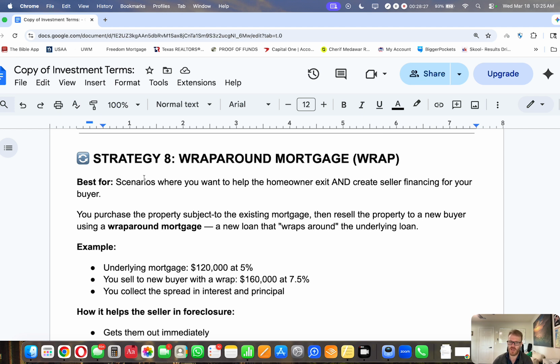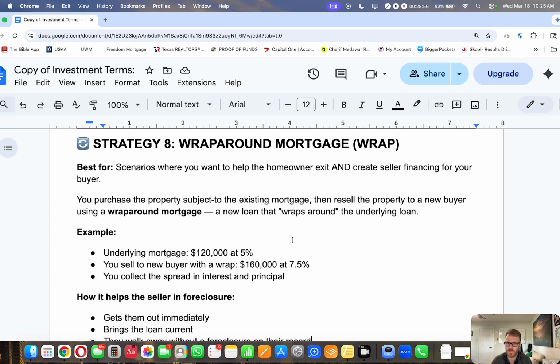And so it helps the seller get their credit built up, and it also helps a new buyer have a new house on terms in which they would not have been able to get a house with a regular lender. So it's kind of a win-win situation for everybody, and by us creatively finding a solution to a problem for more than one party here, we can make money on it and get paid for the value that we bring.